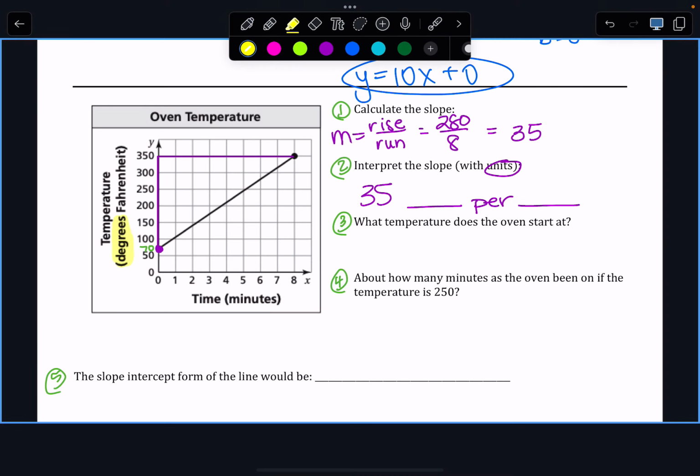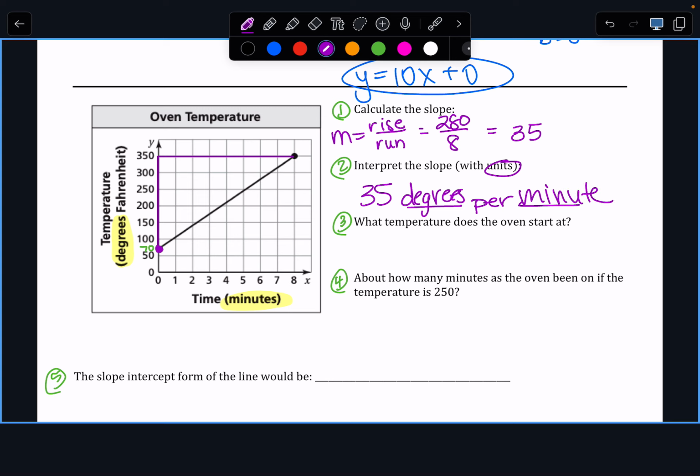I'm hearing degrees per minute. Okay, if we're talking about rise over run, we went up 280 degrees in 8 minutes. So our slope is 35 degrees per minute.